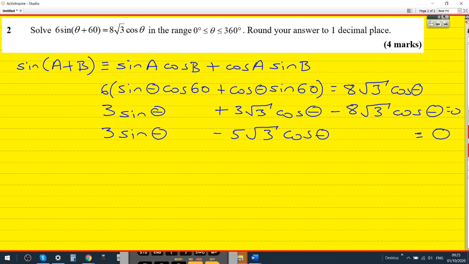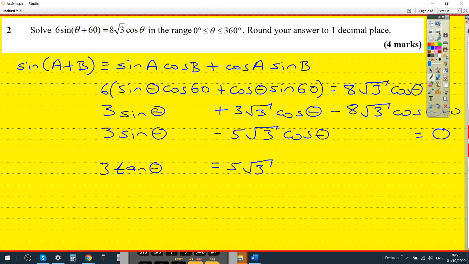And then that'll give me 3 tan theta minus 5 root 3 equals 0. I'll actually just do equals 5 root 3. So tan theta is equal to 5 root 3 over 3. Mm-hmm. And arctan of 5 root 3 over 3 is equal to theta. That's it.